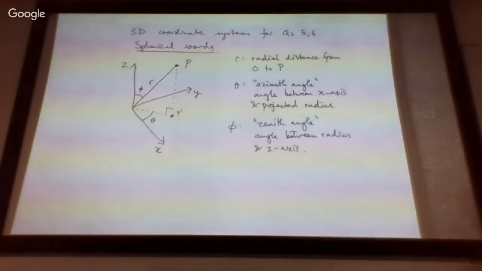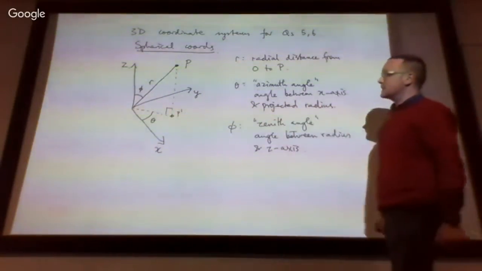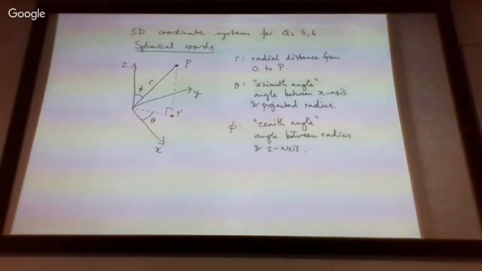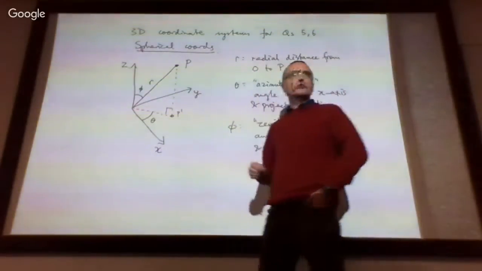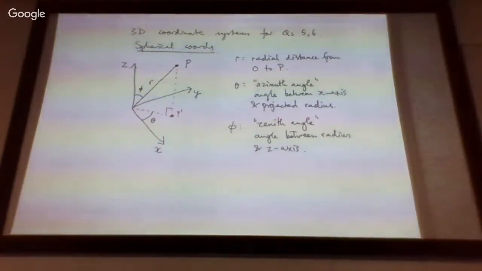Okay, so they've got these names, the azimuth angle and the zenith angle. And those 3 quantities, the radial distance and these 2 angles, uniquely pin down the point P. Okay?